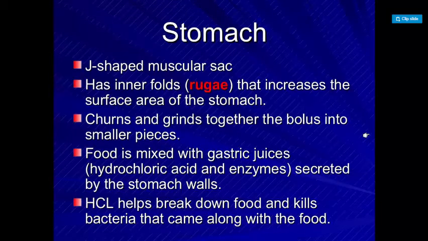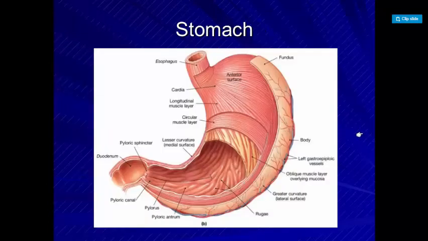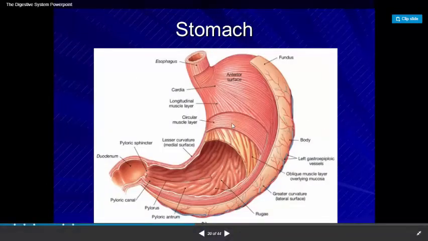The stomach. Within the stomach, which is a muscular sac or bag, the food is mixed with gastric juices. What are the fluids that are present in the stomach? You have the hydrochloric acid, HCl, and some enzymes. HCl helps break down the food, and it kills most of the bacteria that come along with the food. Here's your stomach.